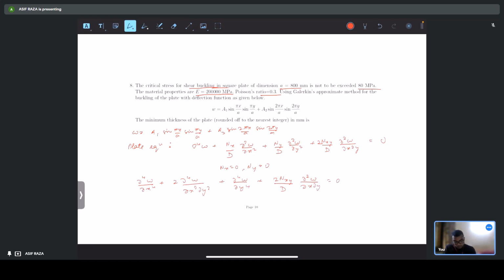So I can write L of W as del power 4 W by del x 4 plus 2 del power 4 W by del x square del y square plus del power 4 W by del y 4 plus 2 Nxy by D del square W by del x del y.